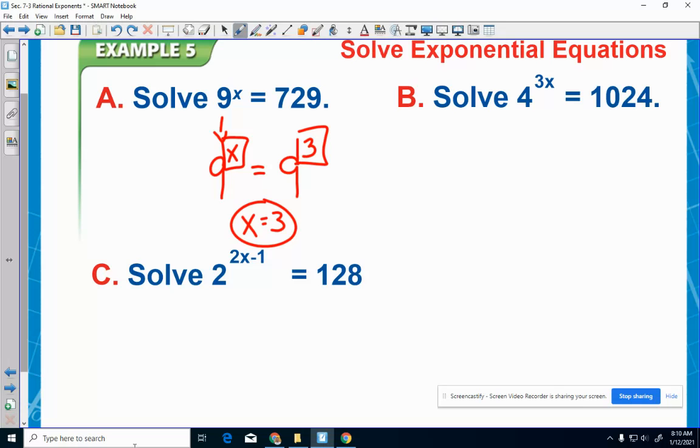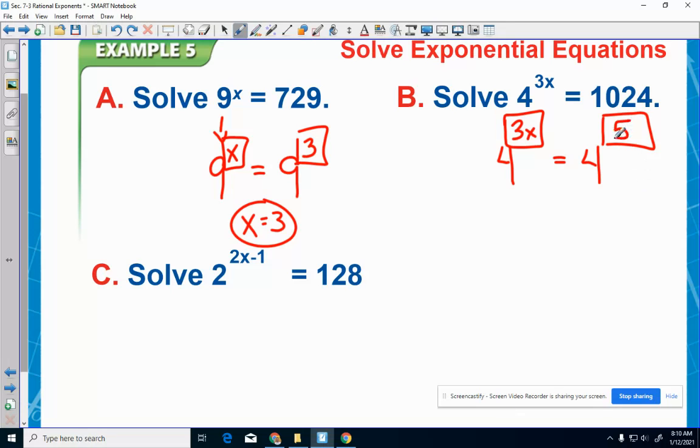Okay. If we come over here to the second one in B, because the base is a 4, then I want the base over here to be a 4 so that I can set the exponent on the right equal to the exponent on the left, and I can solve. So take your calculator. 4 to what power is equal to 1,024?